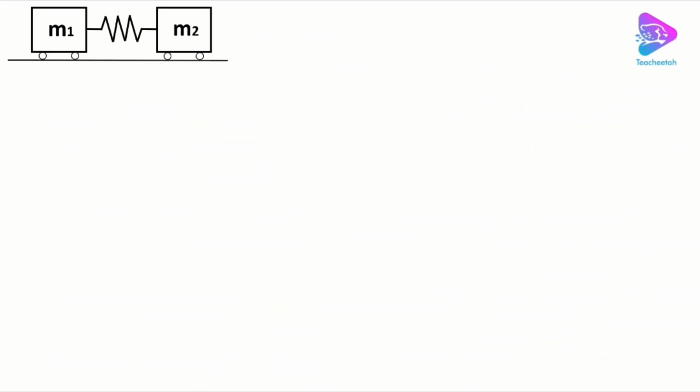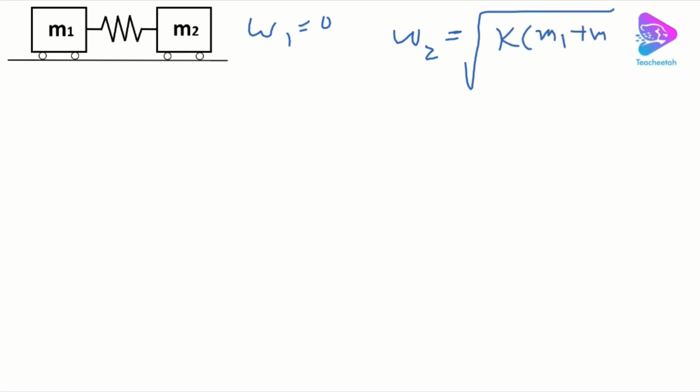So if we remember, we found omega 1 equal to 0 for this case, and omega 2 equal to the square root of k (m1 plus m2) divided by m1 m2, right?